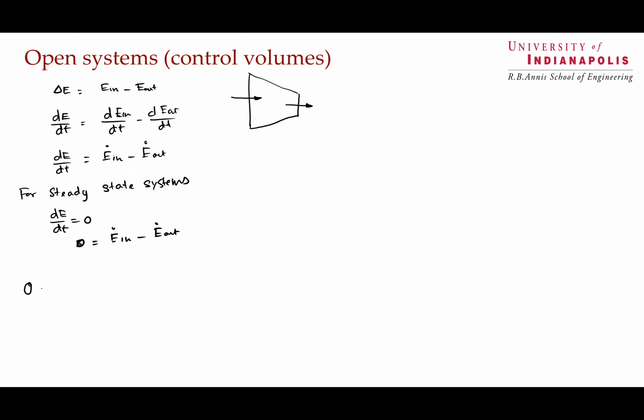So here 0 equals Q dot in minus Q dot out, plus W dot in minus W dot out, plus E mass dot in minus E mass dot out.